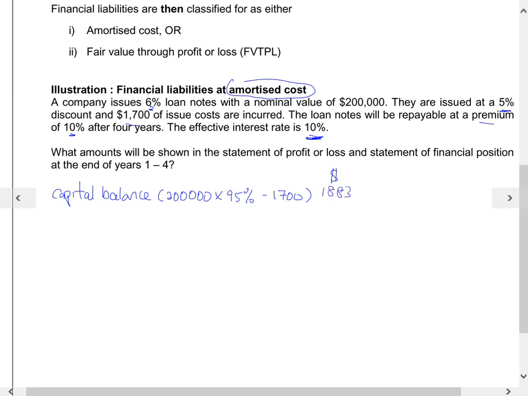So the interest is 19,513 less interest paid.